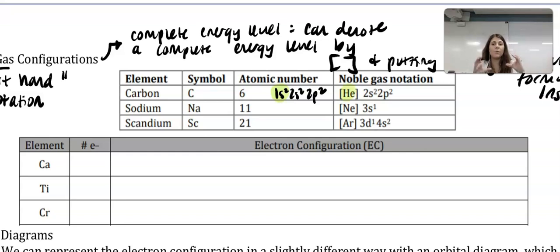So me putting brackets helium omits the 1s2, which then, to fill out the full noble gas configuration, you write whatever remains. So here you can see I have helium and I wrote the rest, 2s2, 2p2. In this sense, it's a little bit easier to read, and then you just have to tell yourself, oh, I just have to look at the second row to find what element this noble gas configuration relates to.